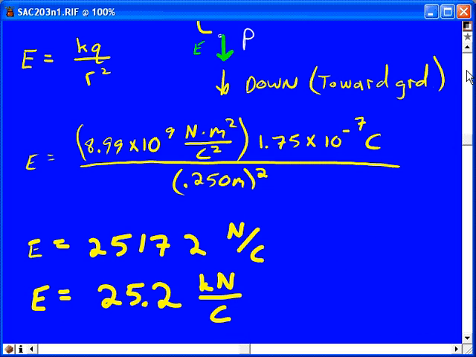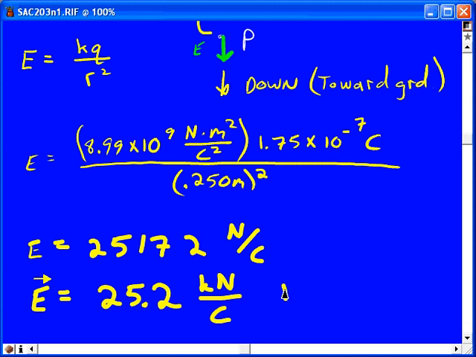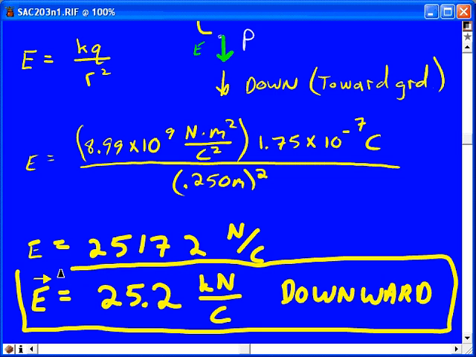And we did figure out the direction. The direction of the electric field is downward, so let's include that in our answer. Box that up. Say, frame it.